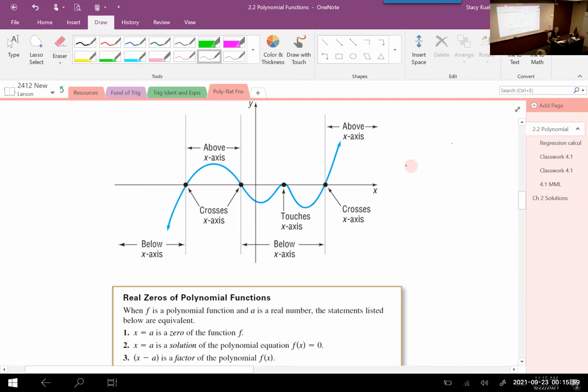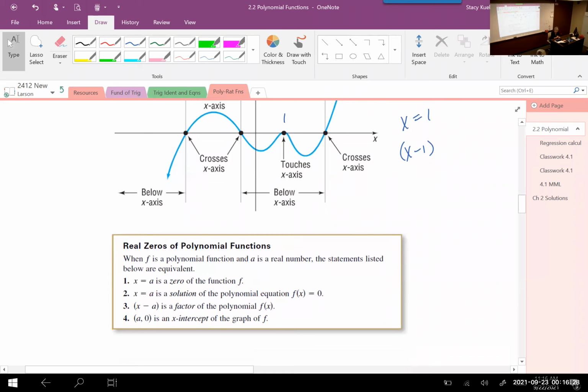If x is equal to 1, that would be a root, a solution, a zero. I can also write it in its factored form as x minus 1. So for all of these zeros or roots, we can represent them in their factored form. And that's really all that we're saying in this particular box.